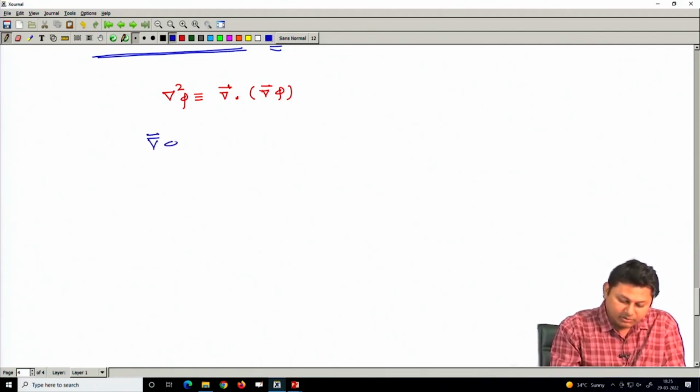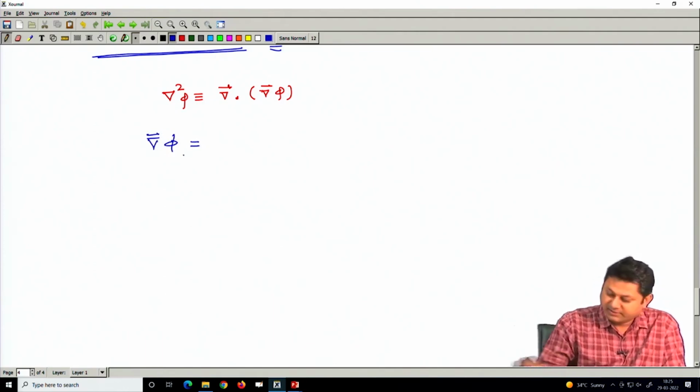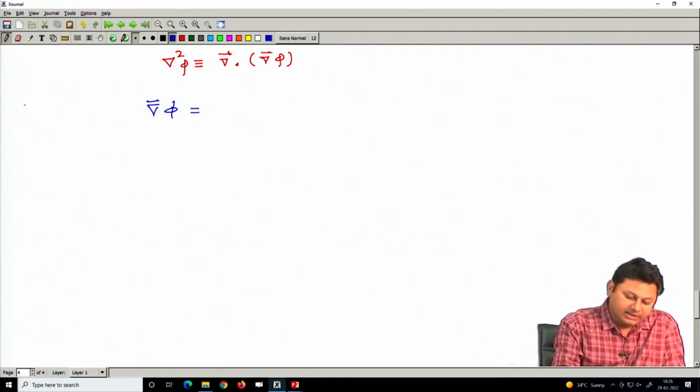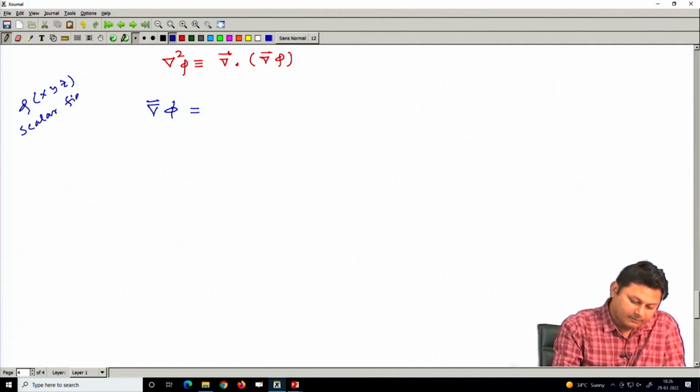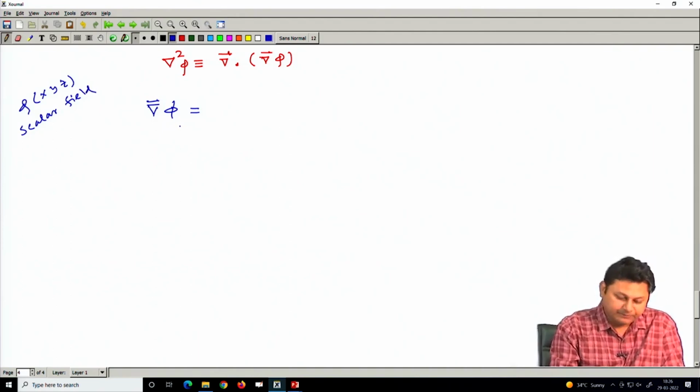If I find the gradient of a scalar field in Cartesian coordinates, let us consider this is a Cartesian coordinate. Phi is a scalar field of x, y, z, and I am operating this over phi.